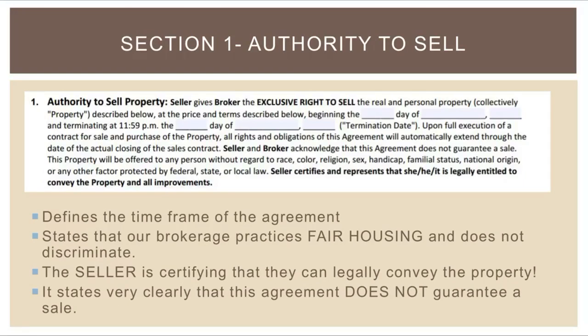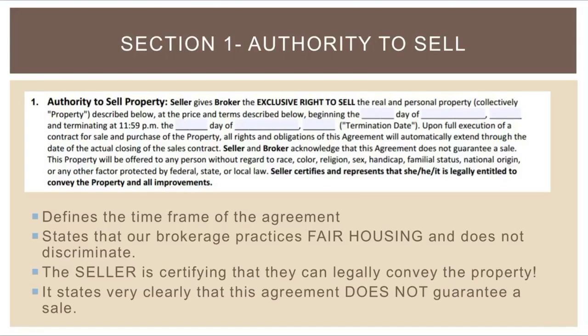So let's spend a few minutes going over each section of the exclusive right of sale listing agreement so you have a thorough understanding of what they are. The first one is the authority to sell the property. Well, right off the bat, the seller gives the broker the exclusive right to sell the real and personal property described below. What does that mean? That means the broker is the only one who can actually sell the property for the seller.